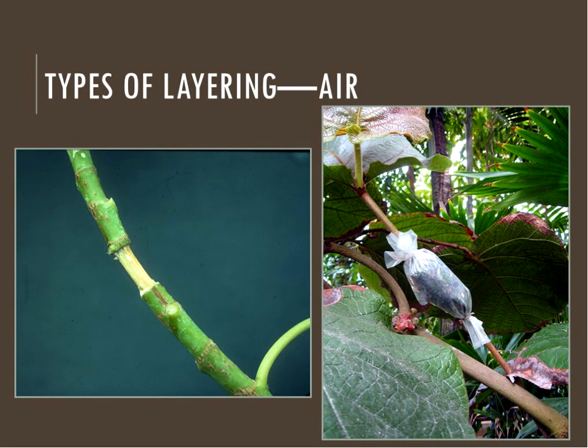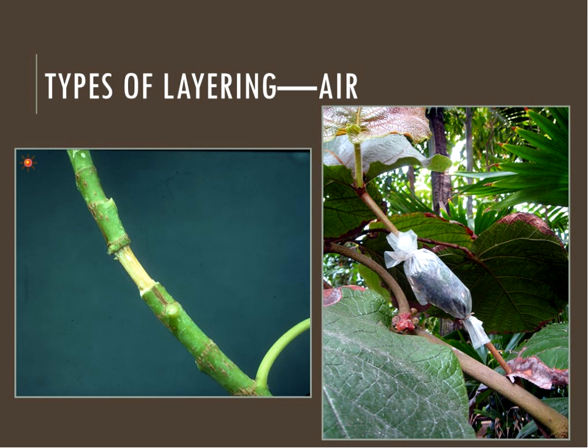So there are several types of layering. One very common and easy way to layer plants is called air layering. There are basically two major steps. The first one, in the picture on the left here, you simply girdle the stem, and by that I mean you scrape just the outer layer of bark off on a 1 to 2 inch section all the way around the stem.